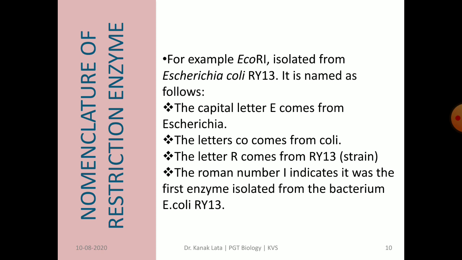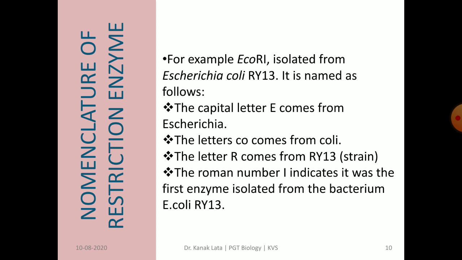Let us see how this is explained by taking an example. The enzyme EcoRI is isolated from Escherichia coli RY13. Here the capital letter E comes from Escherichia. The letters co come from coli, and E is written with a capital letter whereas co is written with small letters.